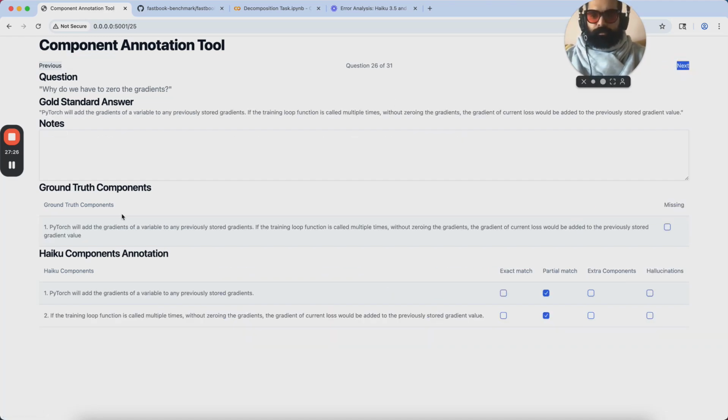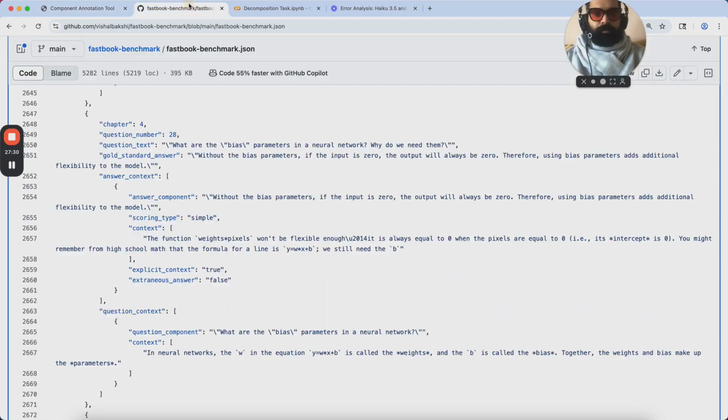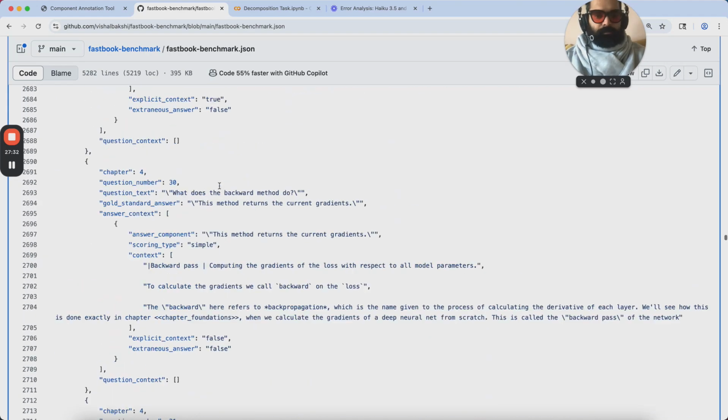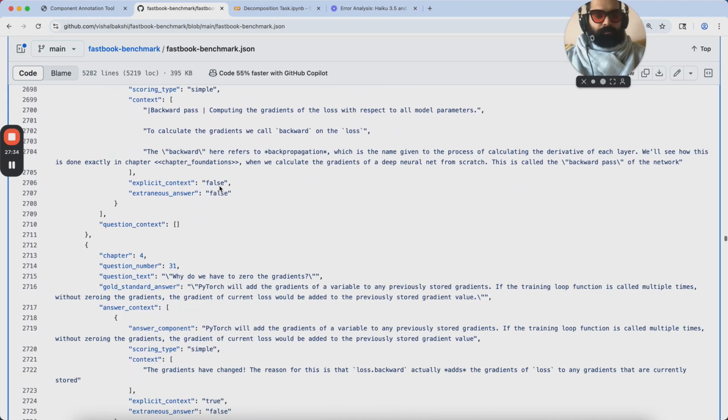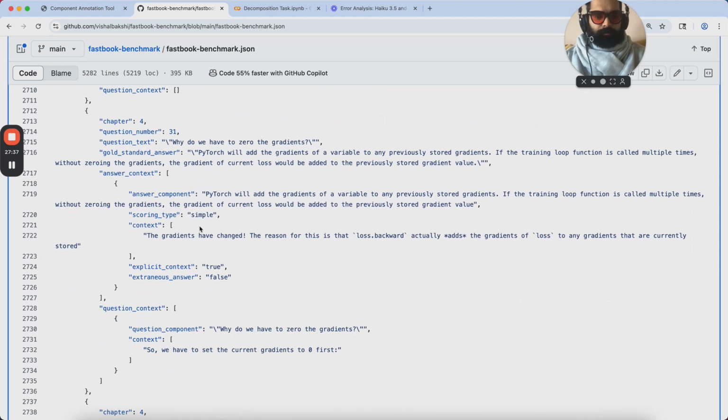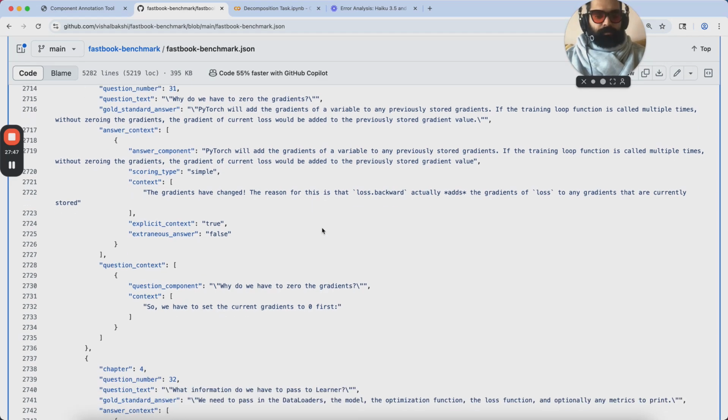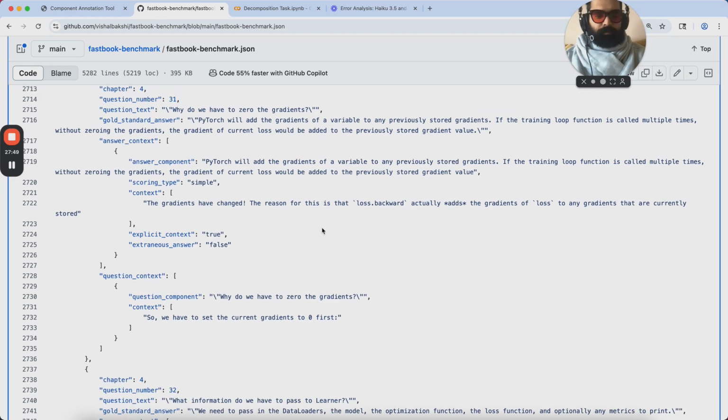Why do we have to zero the gradients? PyTorch will add the gradients of a variable to any previously stored gradients. Yep, that's there. If the training loop is called, the gradients will add to the previously stored gradient value.